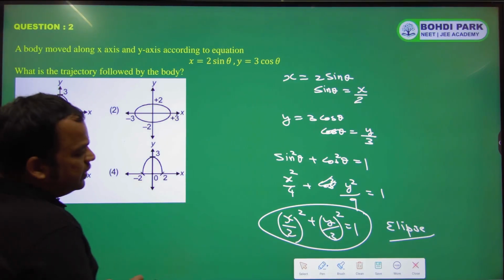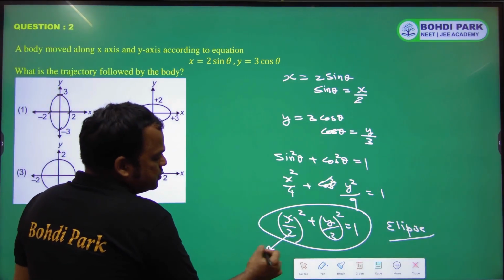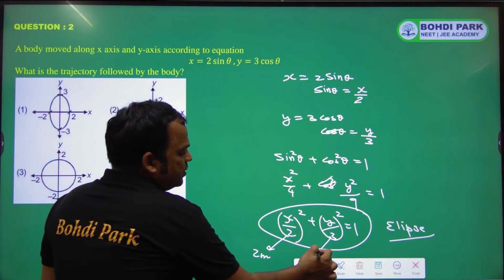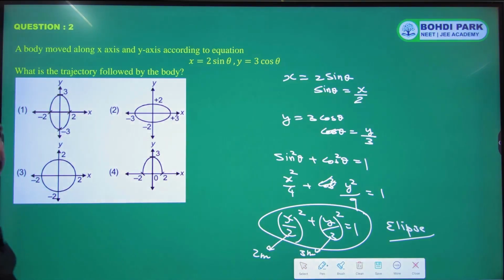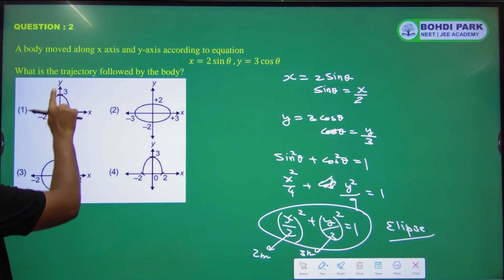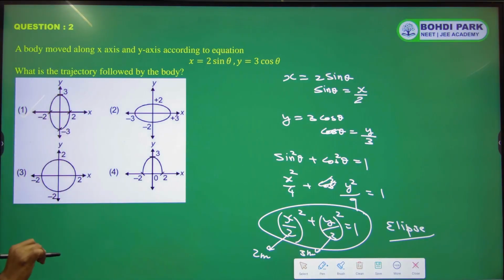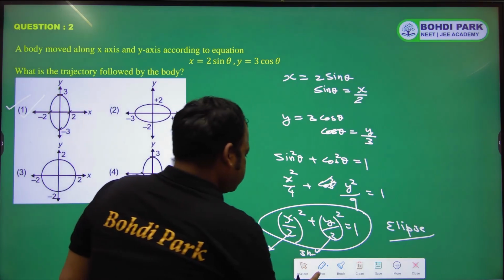Now the radius along x-axis is 2 meter and the radius along y-axis is 3 meter in the general form of ellipse. So along x-axis 2 meter, along y-axis 3 meter. So first option. Now next question.